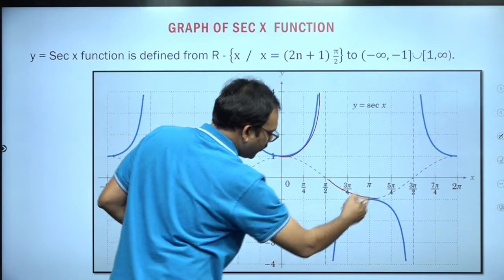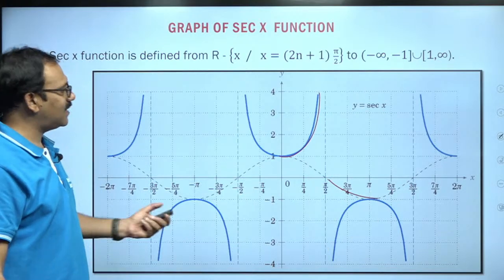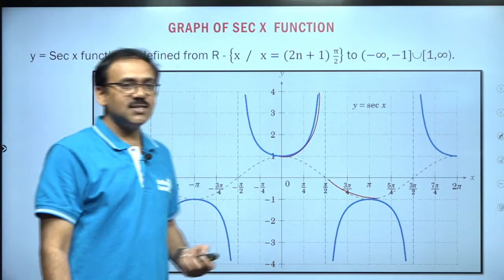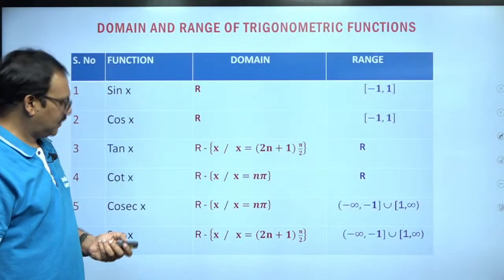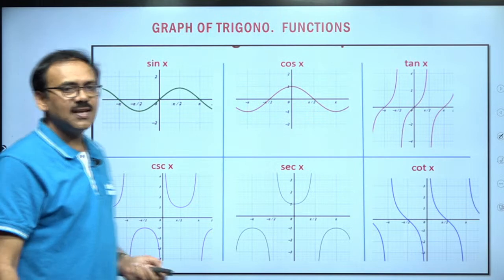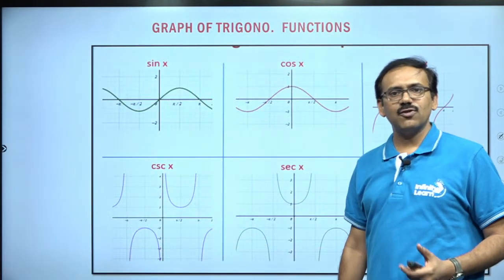So, its reciprocal took from minus infinity to -1, right. So, in this way you can see the 6 graphs, my dear students. Yes, you see this. I have kept all the 6 graphs here for your reference.